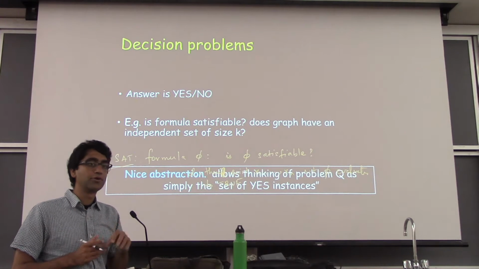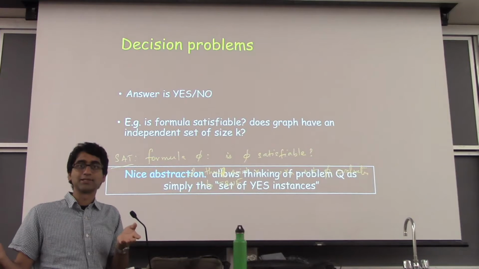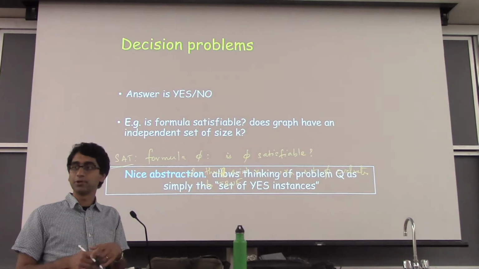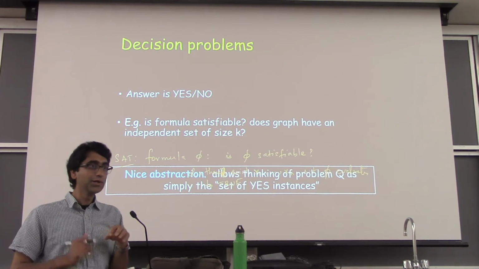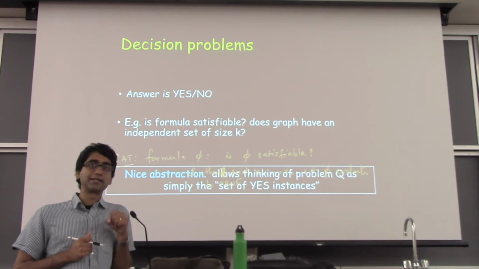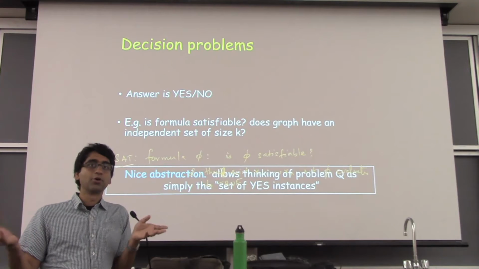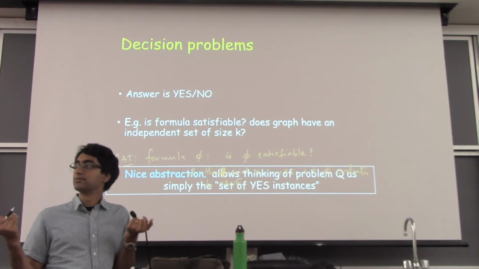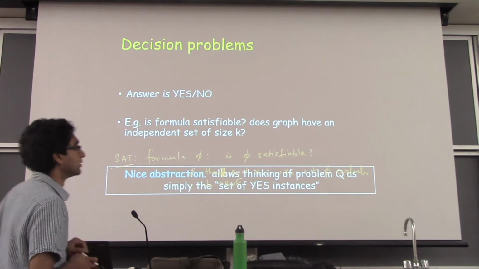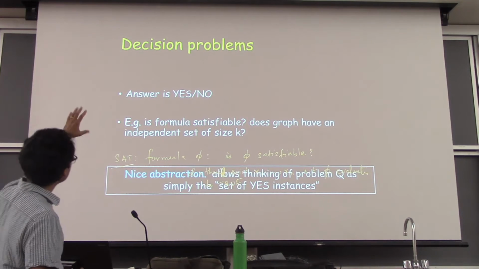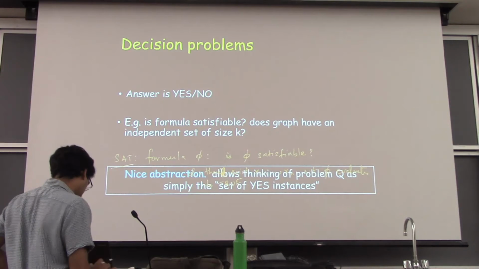That's nice mathematically, right? Because instances are just strings of a certain length, and a problem is basically the set of all yes instances. So it's just a subset of strings. This is mathematically very clean to think about, and this is why people usually consider decision problems.